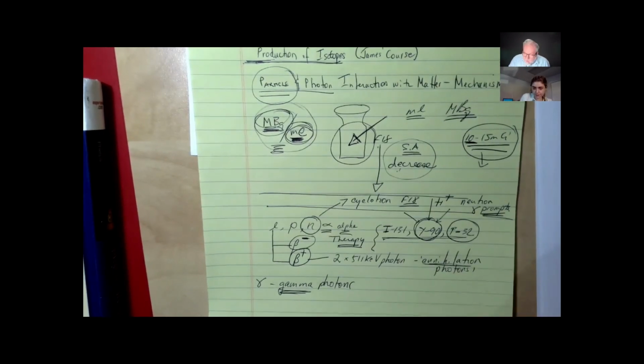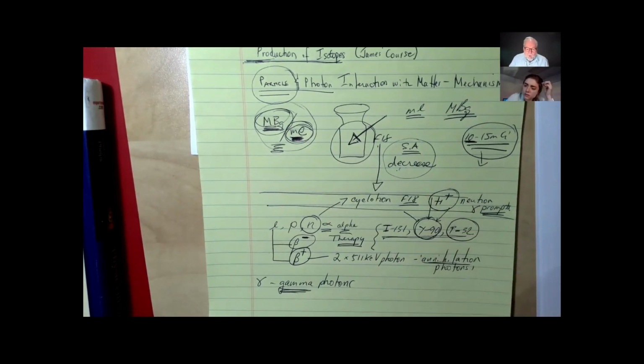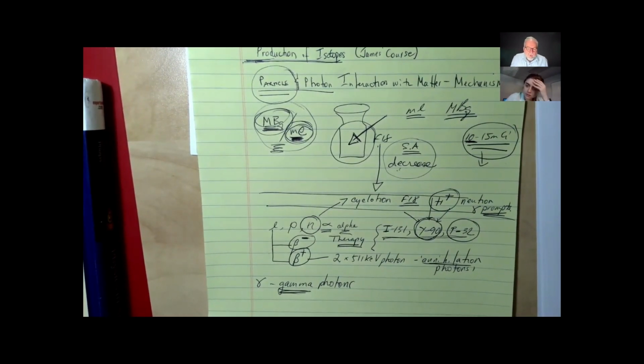The reason I call them prompts is that when you turn off the proton beam, neutrons stop being produced, and the gammas stop being produced.